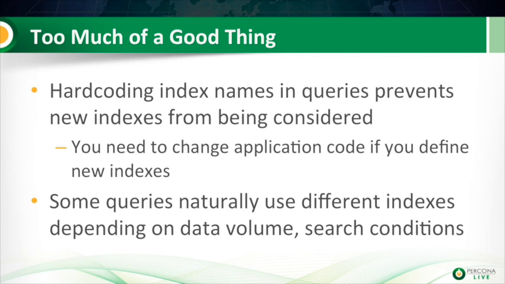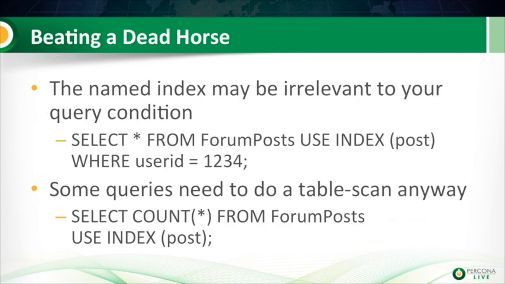There are also cases where an index that you name in your query is not the best index for a given query anyway. Here's an example. I'm doing SELECT from forum posts. I'm specifying an index hint saying USE INDEX post, but my condition is on user ID.